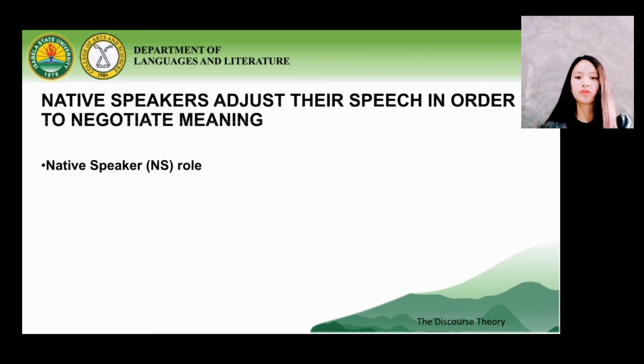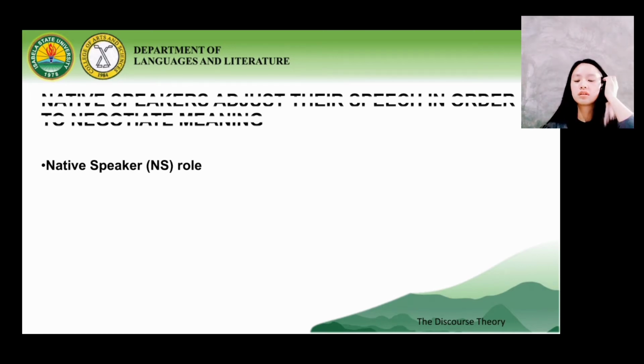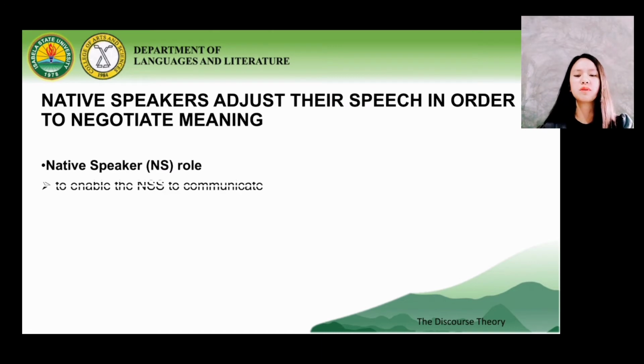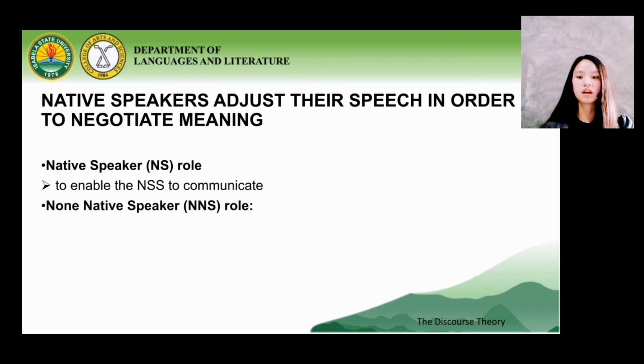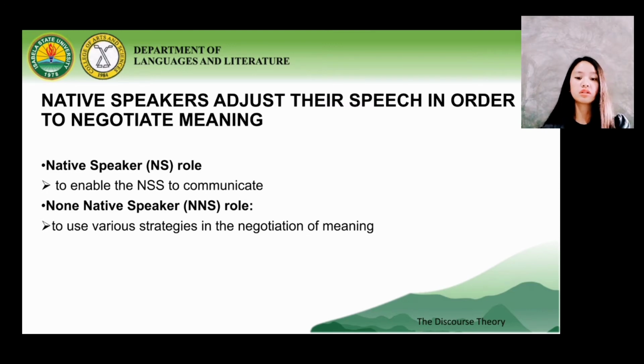So what is the role of the native speaker and the non-native speaker, or the NS and the NNS? So the role of the native speaker is to enable the non-native speaker to communicate. And the non-native speaker's role is to use various strategies in the negotiation of meaning.